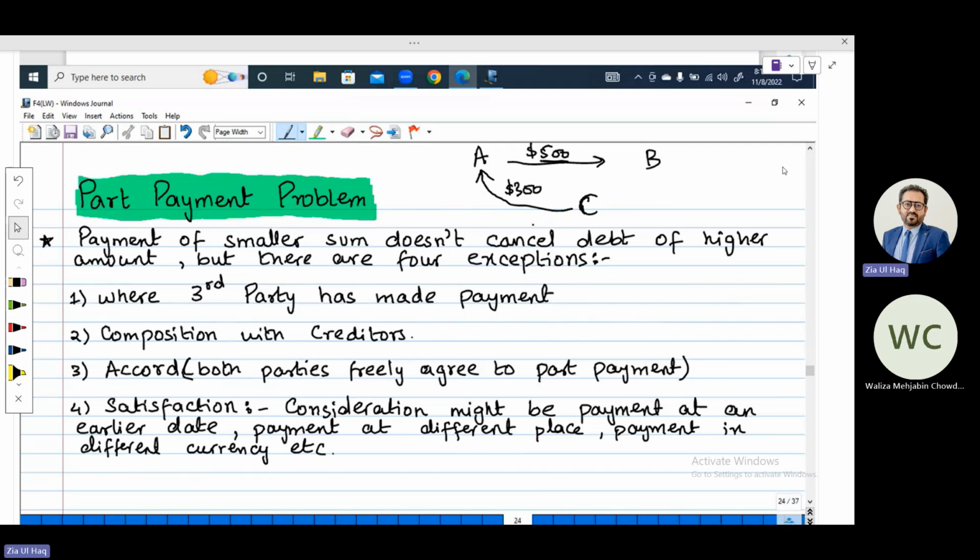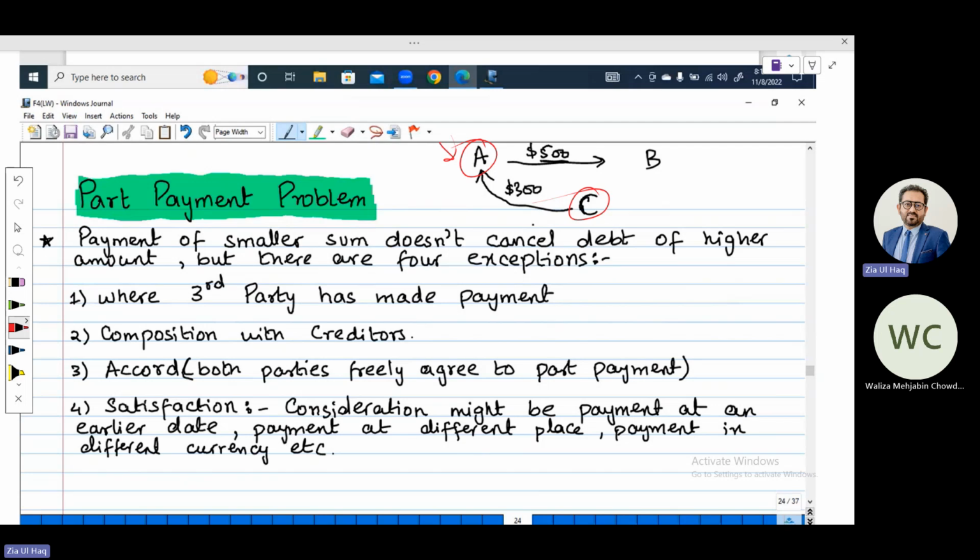So one of their friends, C, has informed A that B is not in a position to pay your amount of 500. I can pay on behalf of B 300. This means if A has accepted, okay, that's fine, then the contract is completed.